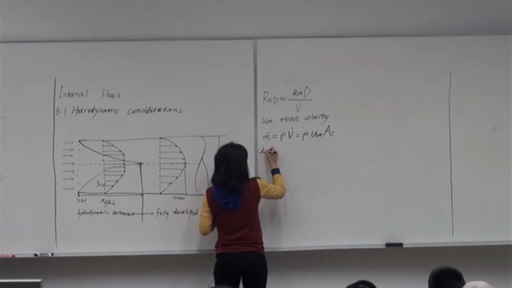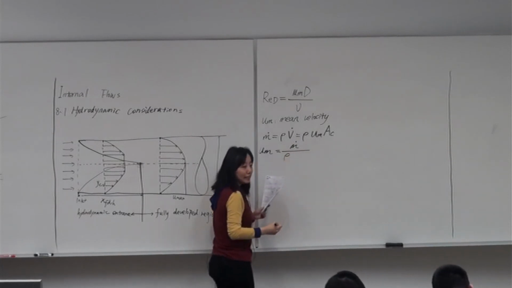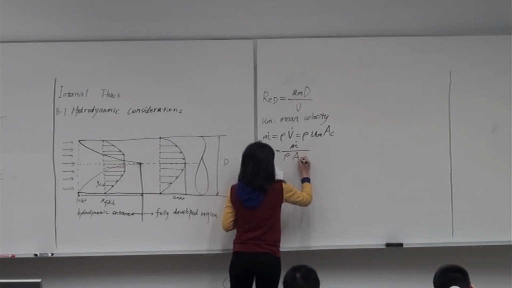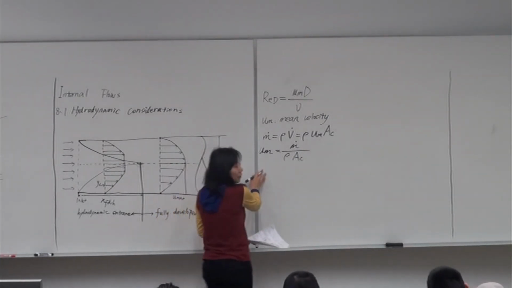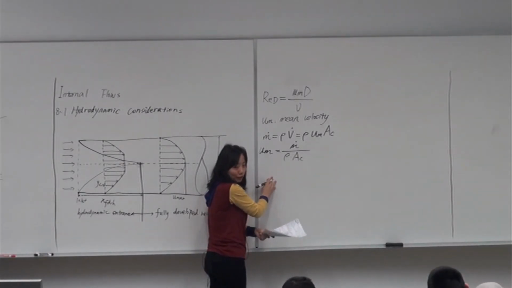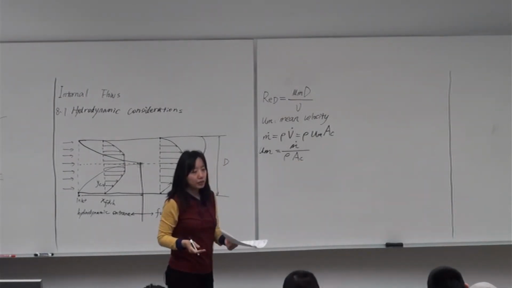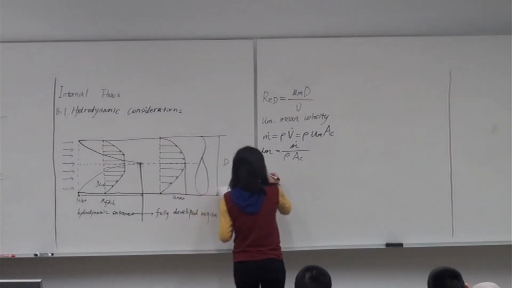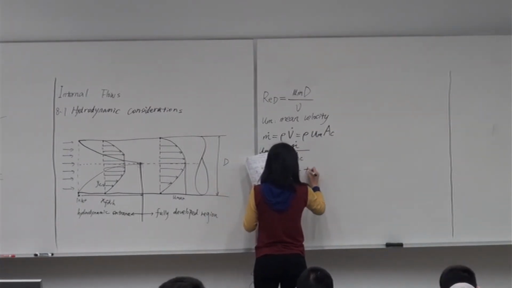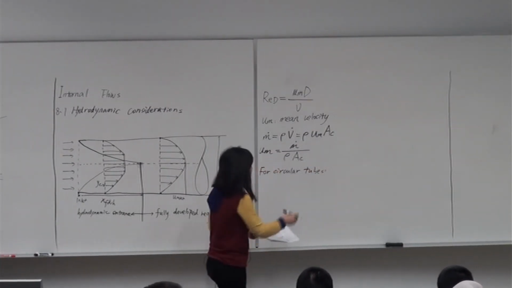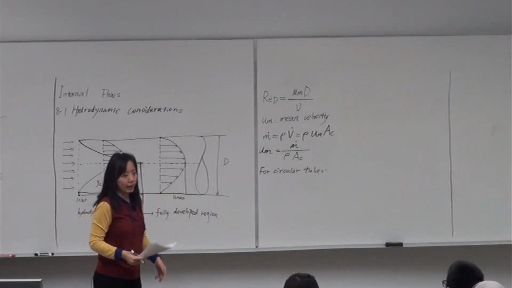So we have our mean velocity equal to the ratio of our mass flow rate over the density of the fluid and the cross-sectional area of our tube. For now, we don't emphasize it should be a circular tube. What we need is just its cross-sectional area. But for the most common case, if we have a circular tube, the cross-sectional area can be easily calculated as one quarter pi D squared. Right?